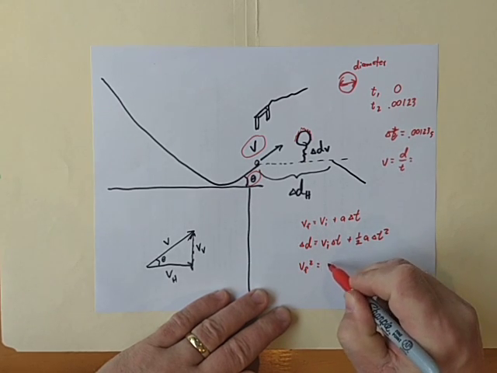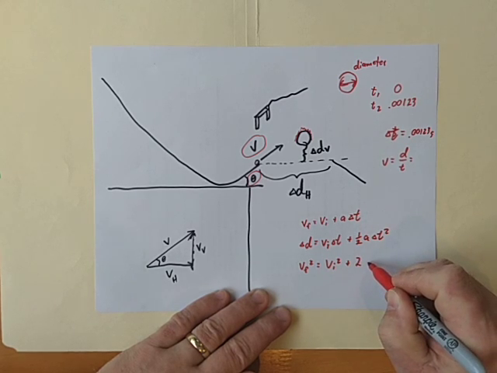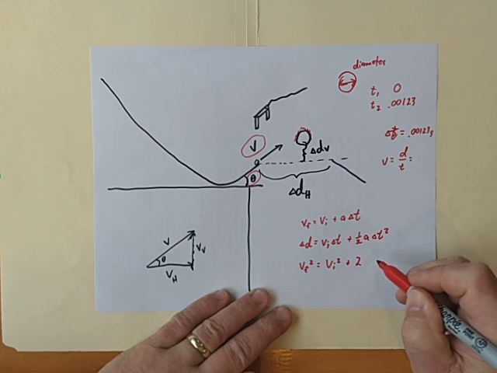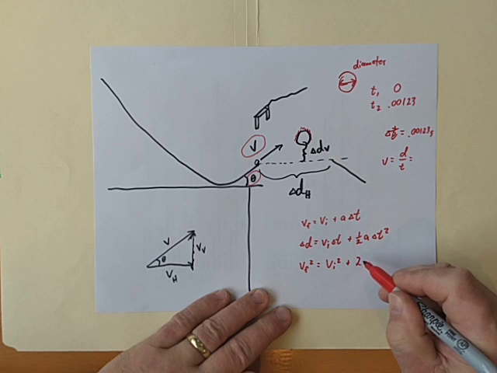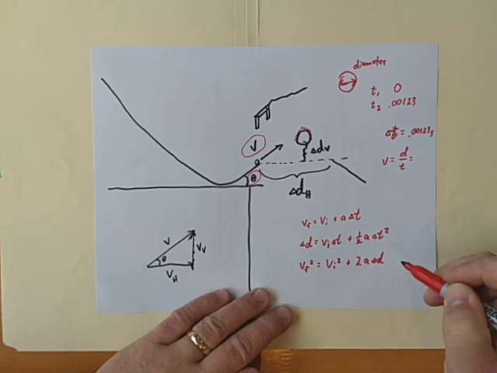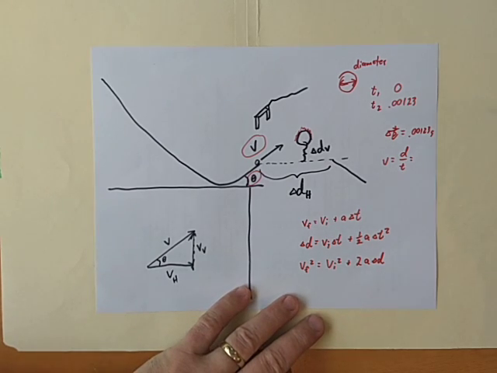VF squared equals VI squared plus 2A delta D. Yeah, all three equations have acceleration.